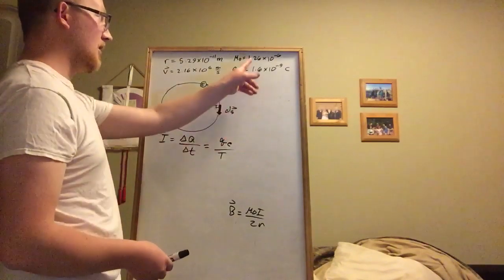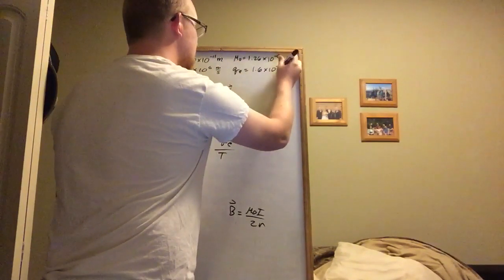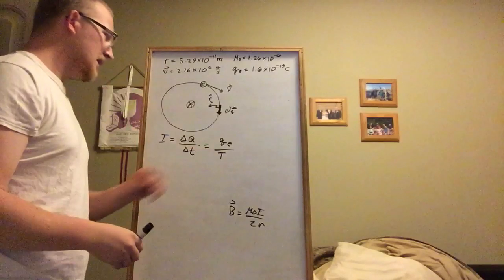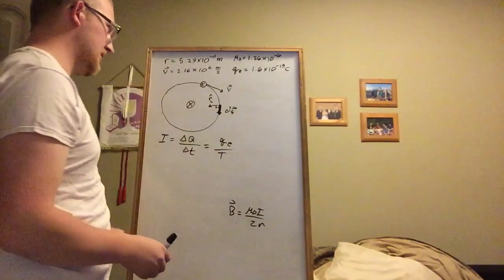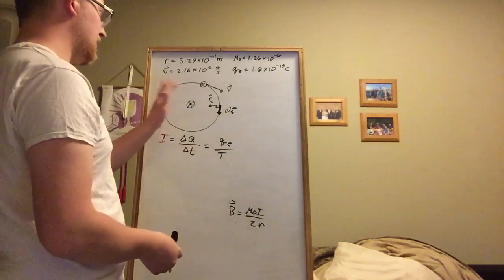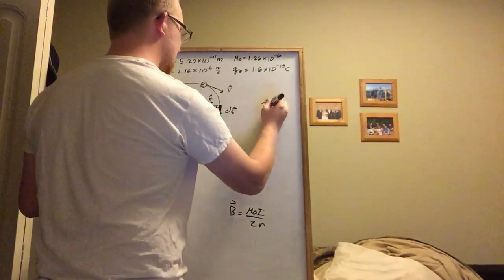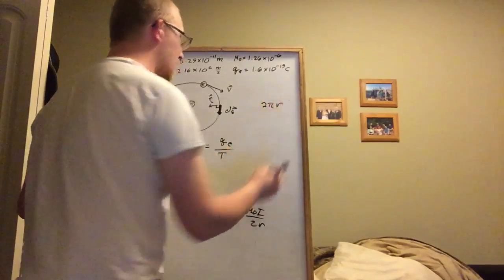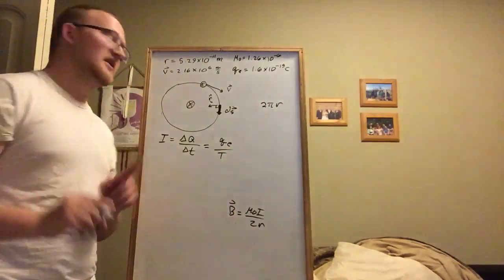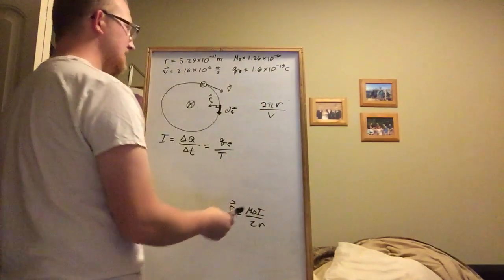So how do we solve? Well, Q sub E we know, it's 1.6 times 10 to the negative 19th coulombs. And the period is going to be the more tricky one to solve, but it's not so bad. We're looking for the electron to go around once, and the distance it takes to go around once is 2 pi r. We know the speed it's traveling at, so we can divide the distance it travels by the velocity.